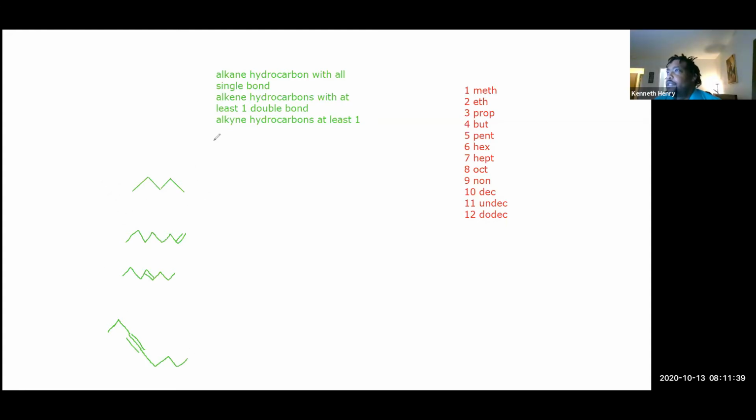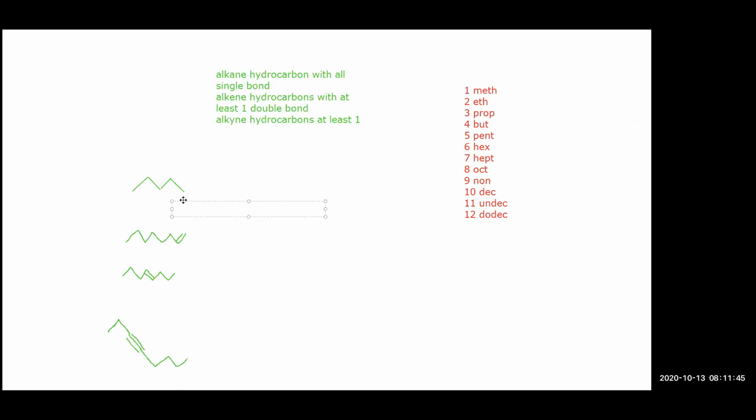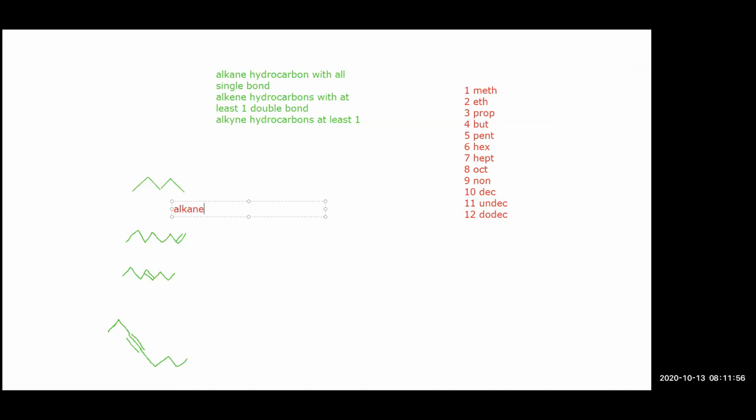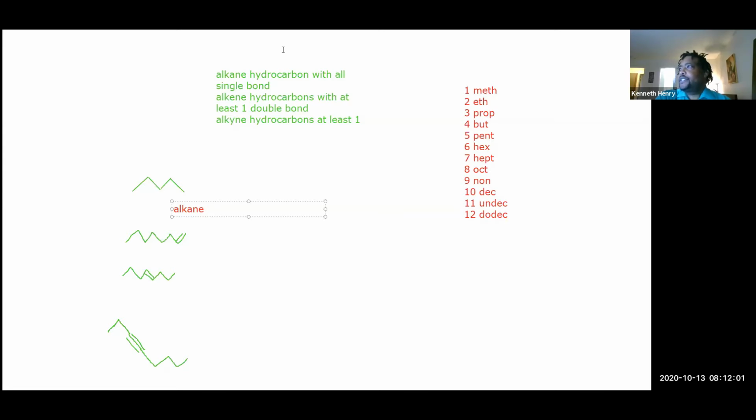So what would this guy be called? Well, it's an alkane. That's the family it belongs to. So what would be the name? Pentane. Okay, so we count the carbons just to be sure. That's 1, 2, 3, 4, and 5.